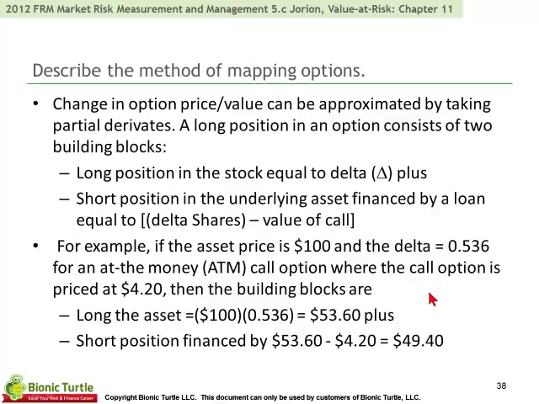So for example, if the asset price is 100 and the delta is 0.536 for an at-the-money call option, where the call option is priced at $4.20, then the building blocks are we're long an asset, $53.60, plus short a position financed by $49.40. So you can see our key primitive exposure there, as you might expect, is exposure to the underlying asset price.